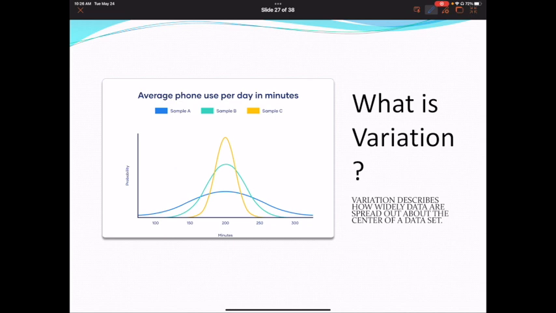Variation describes how widely data are spread about the center of a data set, right? So sample A has greater variation than sample B, which has greater variation than sample C. And variation isn't necessarily bad, but we do need to be able to describe the variation, right?